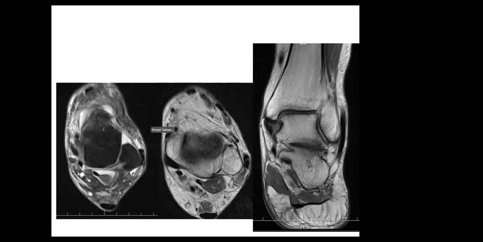Okay, so normally, if you look at the normal MRI, you should see the tendons here and you should see a retinaculum from here back to here. This retinaculum is actually here and it's torn, not attached to the fibula. So there is a tear of the peroneal retinaculum. That's why the tendon is dislocated.